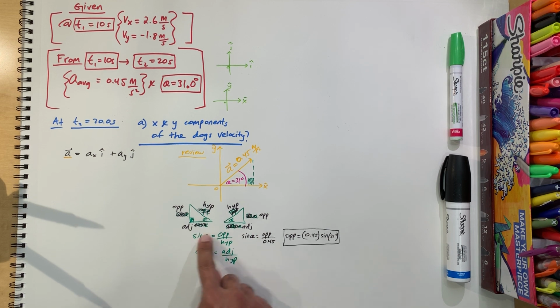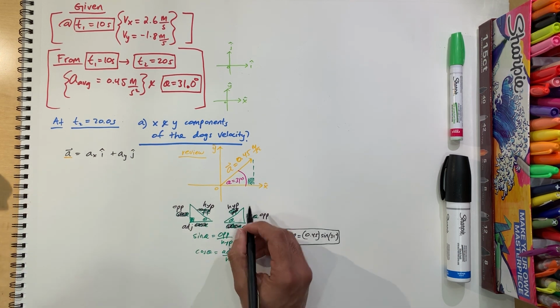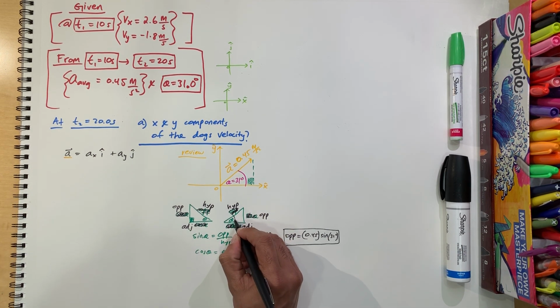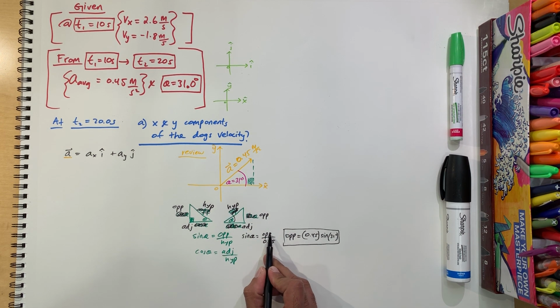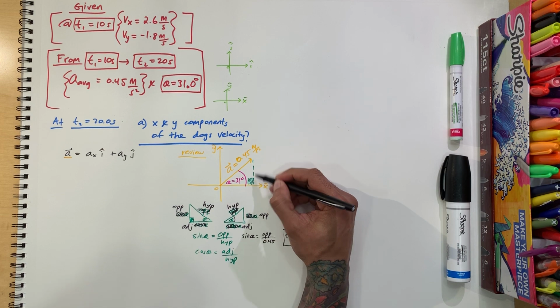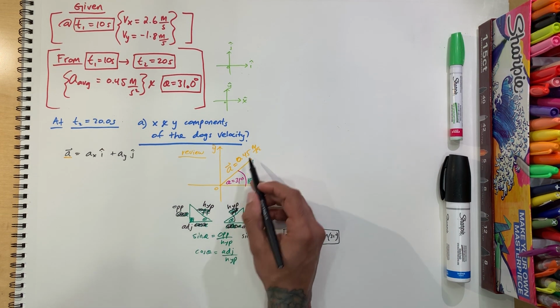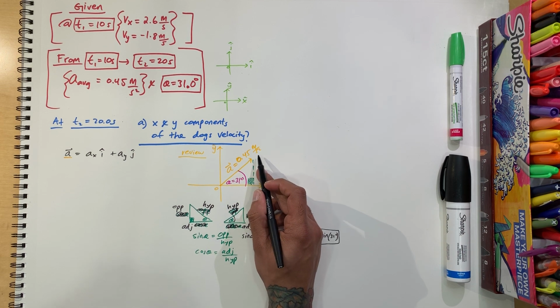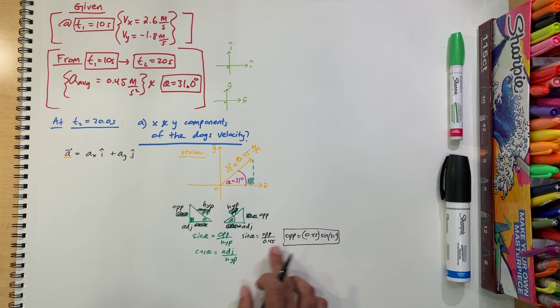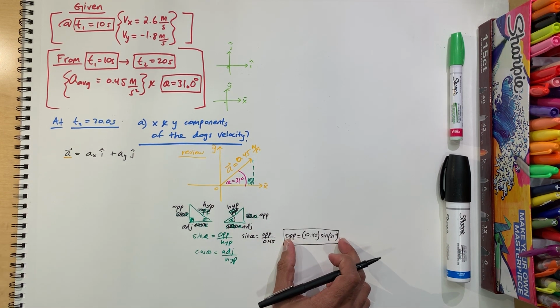So sine is opposite over hypotenuse, and so sine of this angle is opposite over hypotenuse. We don't know the opposite, that's what we want, and we know the hypotenuse, which is this line right here, which is 0.45. And this value here I already calculated.